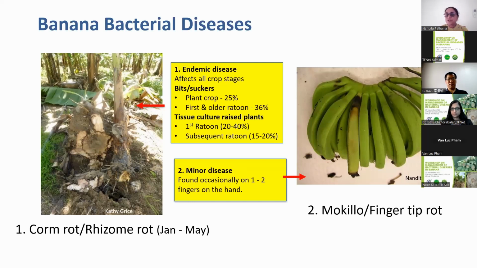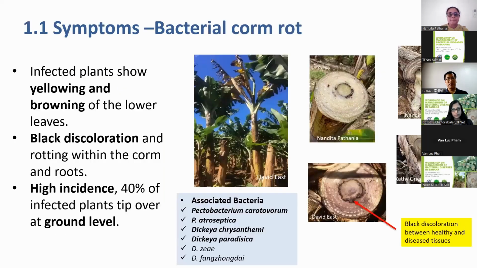And second is moko disease. It is a minor disease in Australia and occasionally occurs on one to two fingers on the hand, but is seen throughout the year in certain parts of banana cultivation.